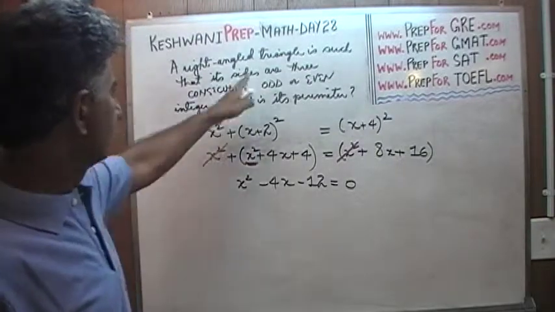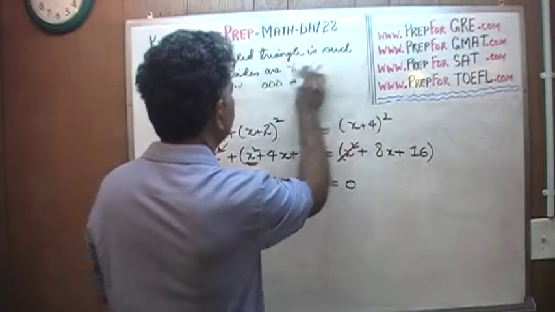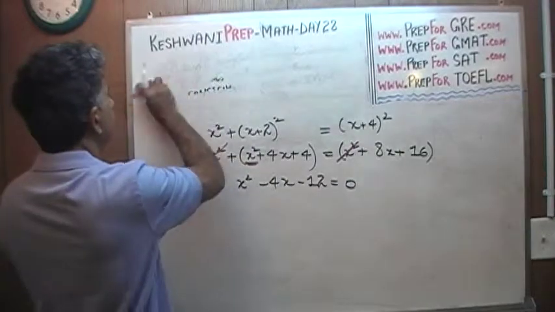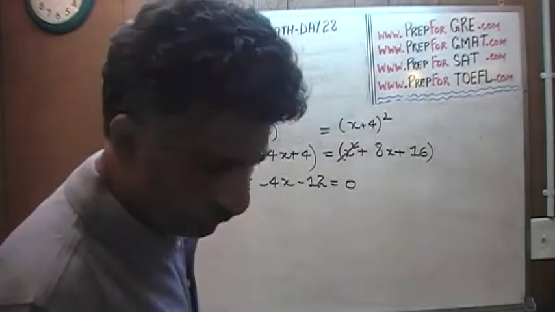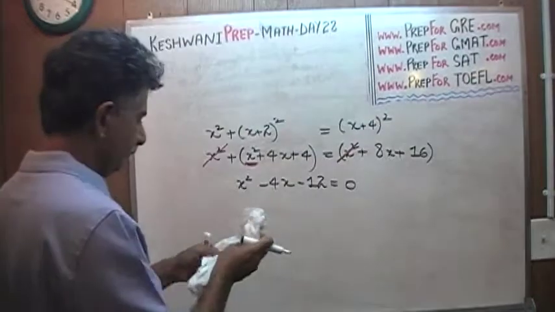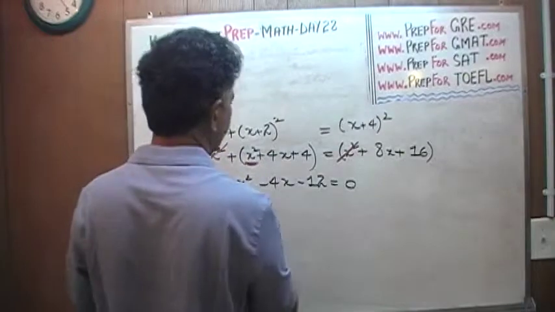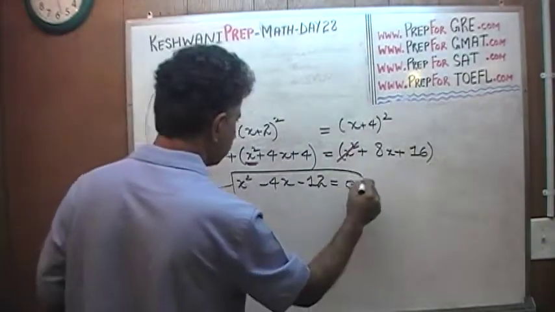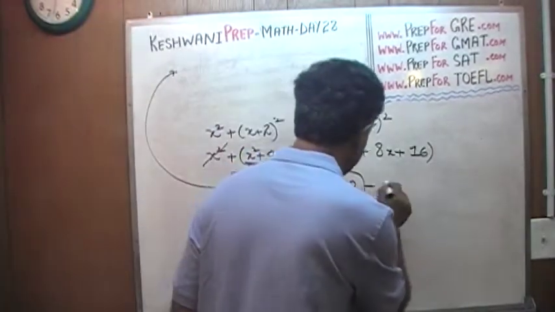So I'm going to erase this top part here and continue solving this part here. I do not know why it does not erase properly today, for some strange reason. Okay, so we're going to continue this part here. This is what is known as a quadratic equation.